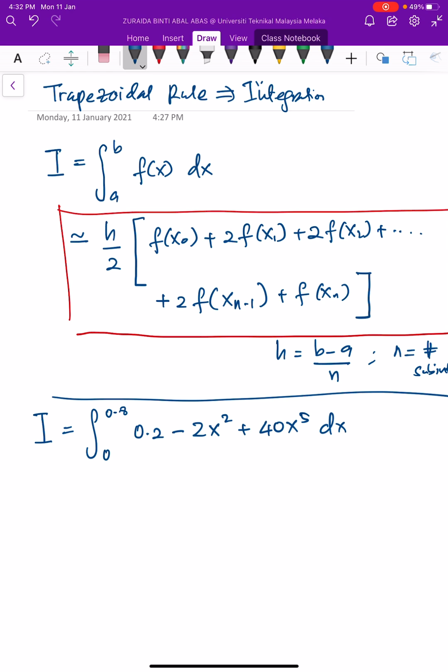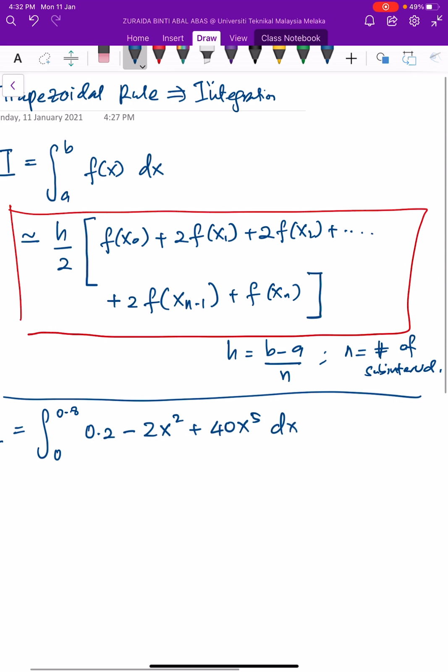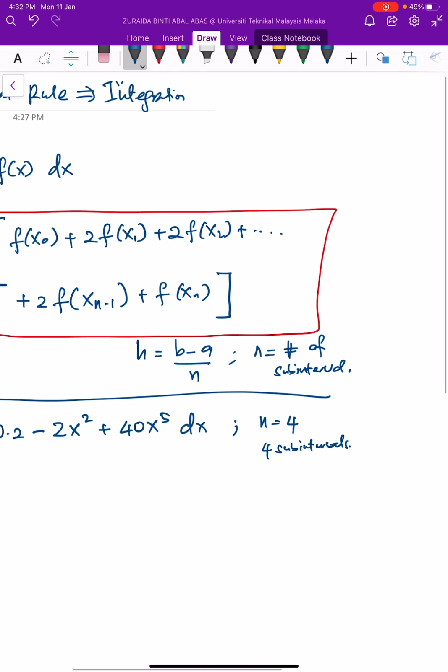Now, before we begin, one more thing. For this particular example, you need to approximate the integration using n equal to 4, meaning that you need to have 4 subintervals. All right? So before we go further into how to use the formula, let's look at the concept first.